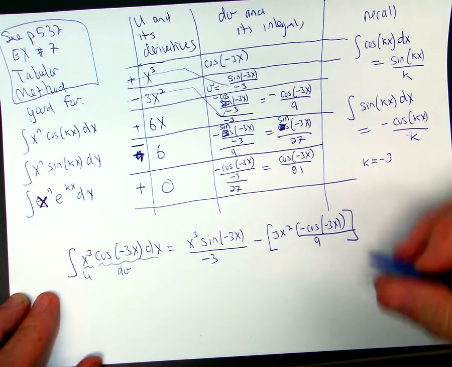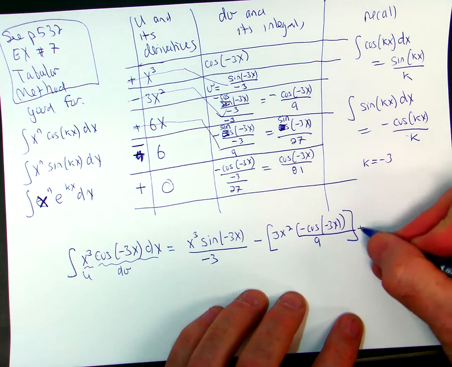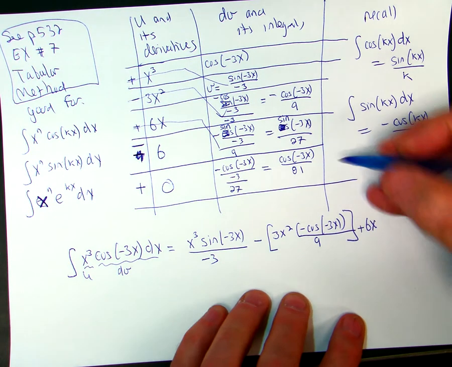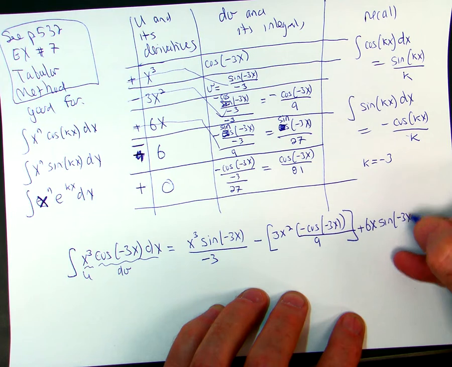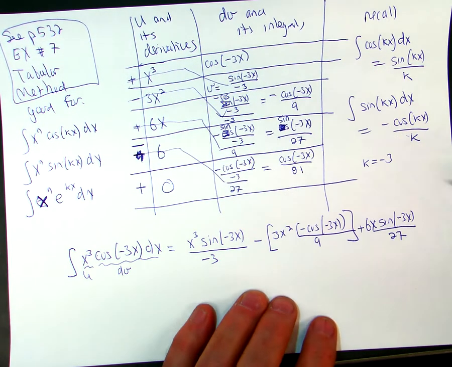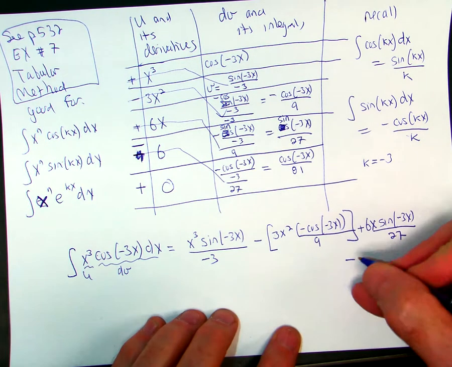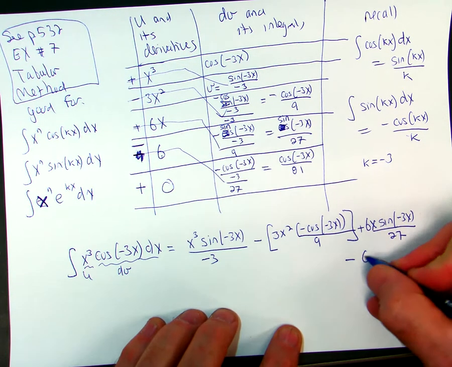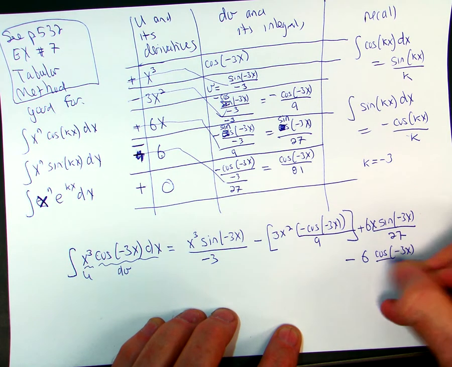Okay, so I get that one. Now I read this one. I'm going to get a plus 6x times sine minus 3x over 27. And I read this one, and that's my last one. I stop. I get minus 6 times cos minus 3x over 81.